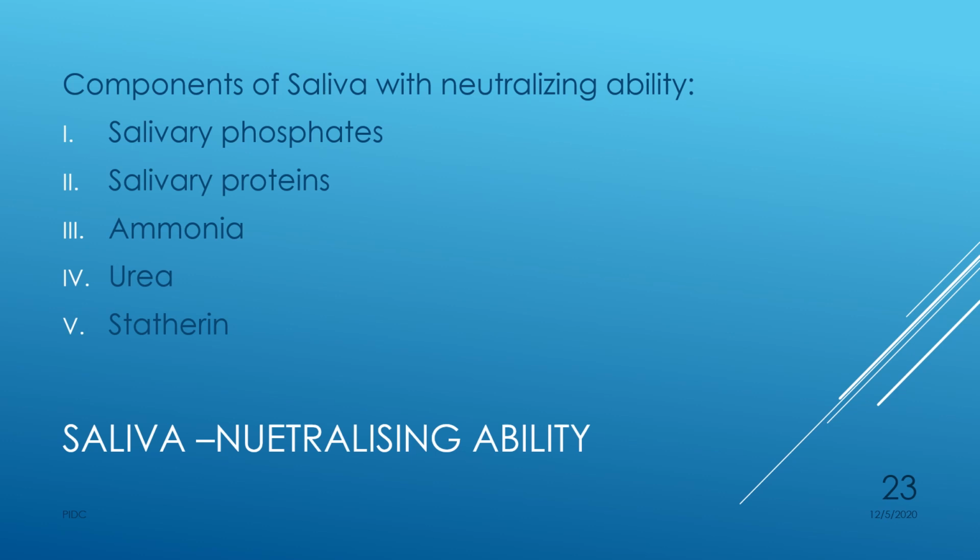Two is salivary proteins. Three is ammonia. Four is urea. And the fifth one is statherin. These are the components of saliva which neutralize the acidity and make it less acidic.